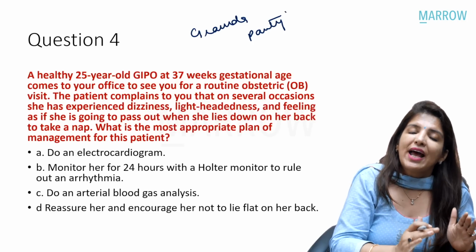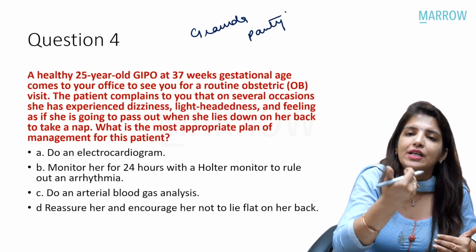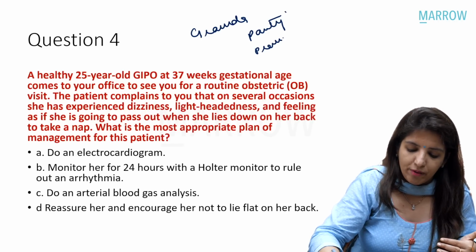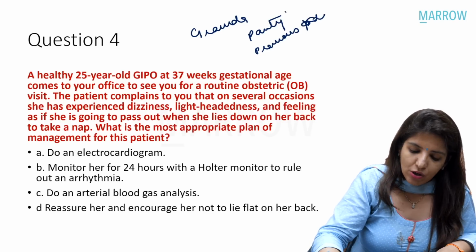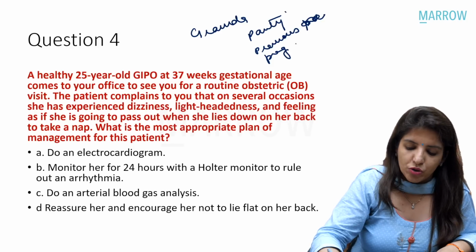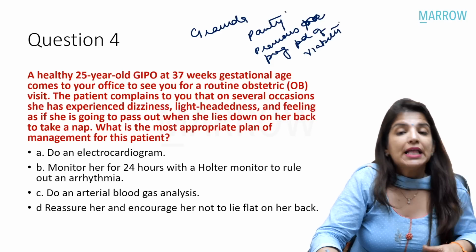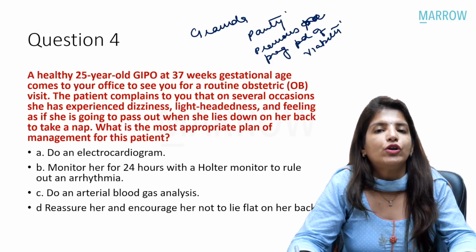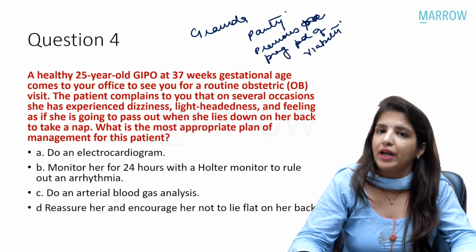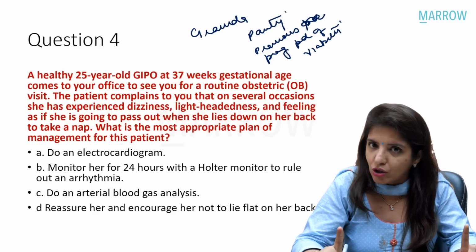Whereas parity means the number of previous pregnancies which have gone beyond the period of viability. So the number of previous pregnancies which go beyond the period of viability, that is what parity is. Right? In parity, you never include the present pregnancy. That's a very, very common mistake which all of you make. Please do not do that.